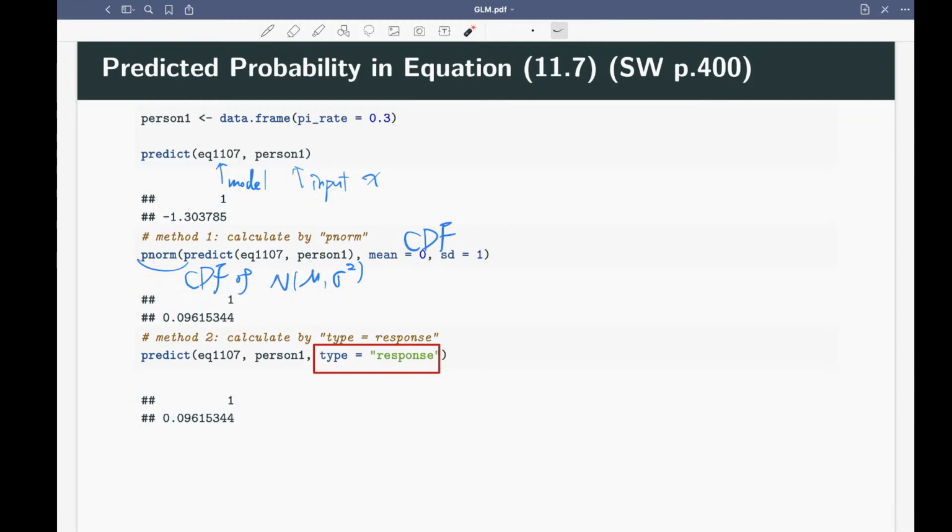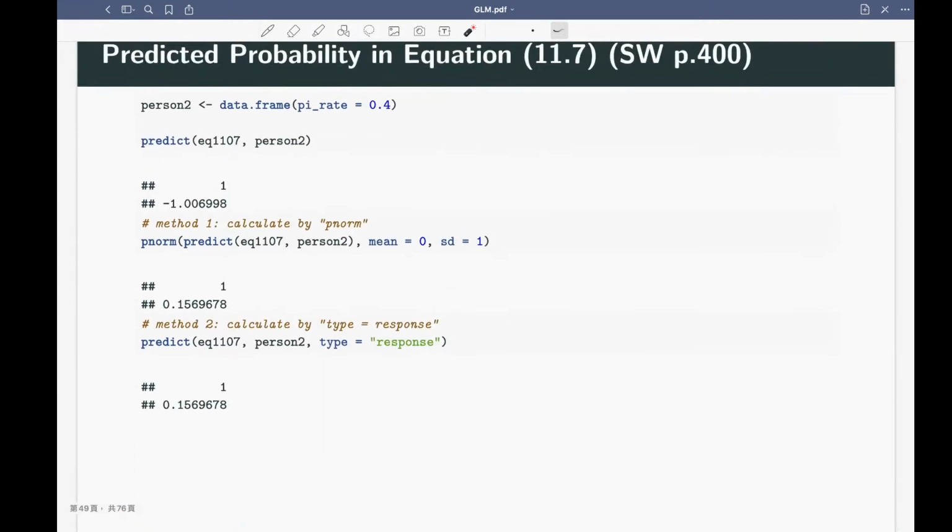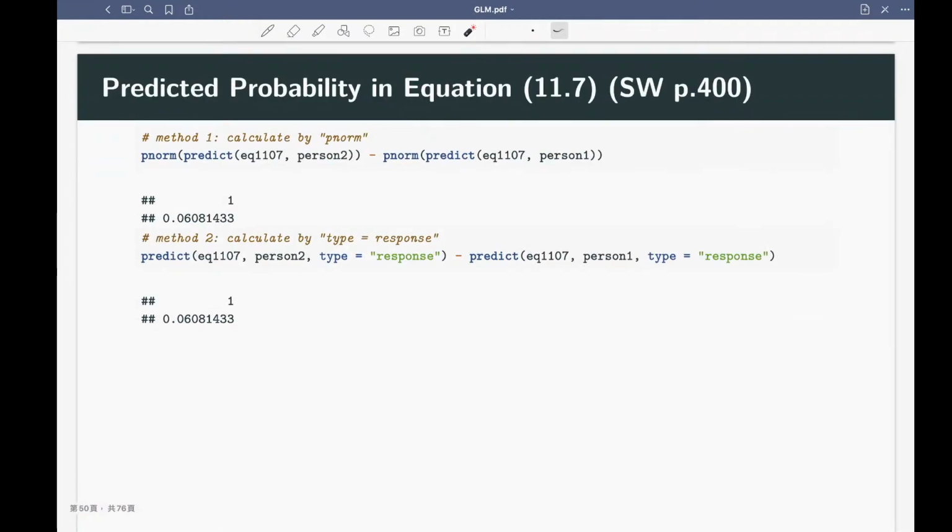Of course, the results are the same, but pnorm is more complicated. But this is too easy to do in R. And 0.3 is the same. You should only change this term. But this term, they are the same. And you can find a difference by pnorm or the response type.